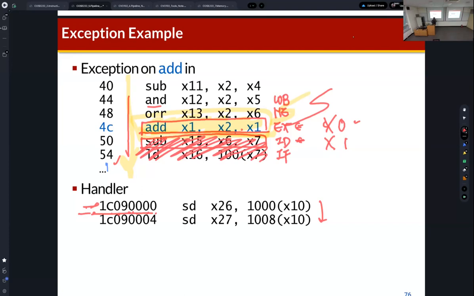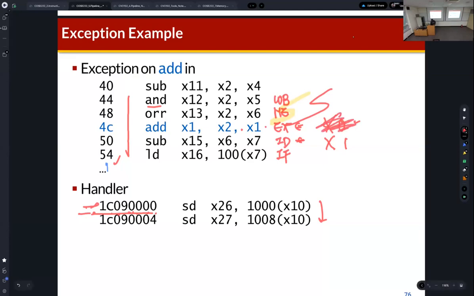And if this is the restart of the exception, then the add instruction is fetched again. Then what will happen? The exception is handled, so this exception is not detected because the exception of the add instruction was already handled.